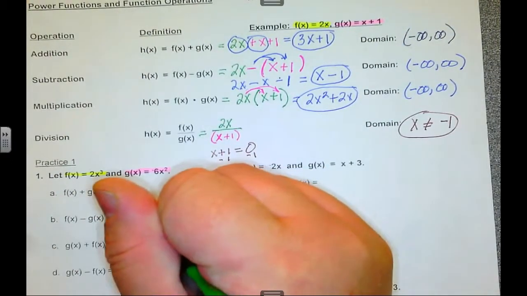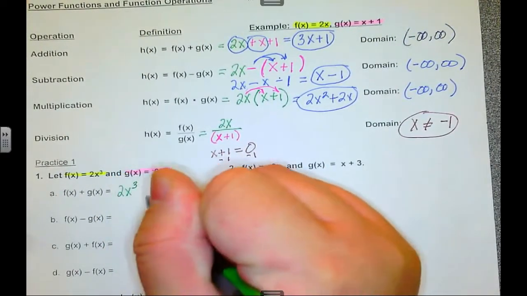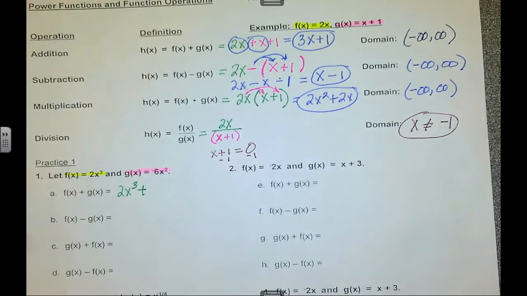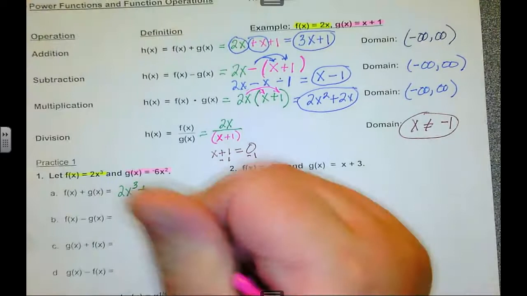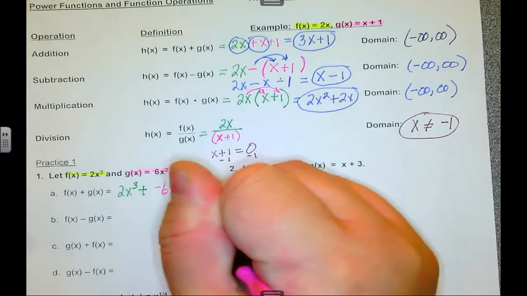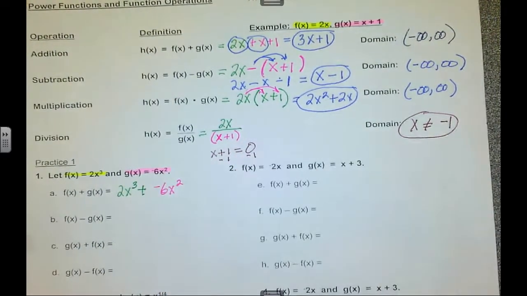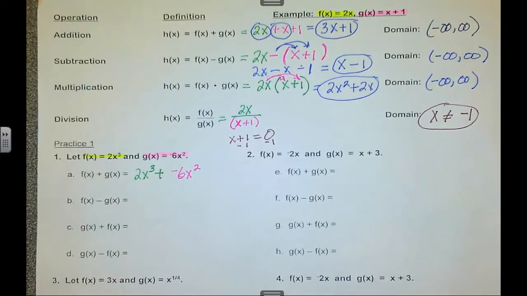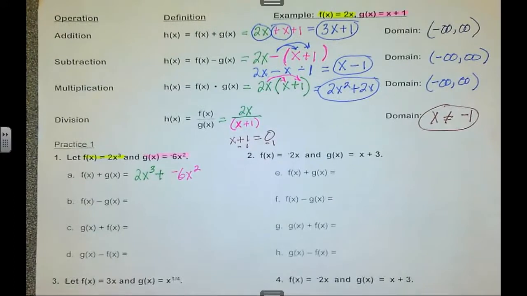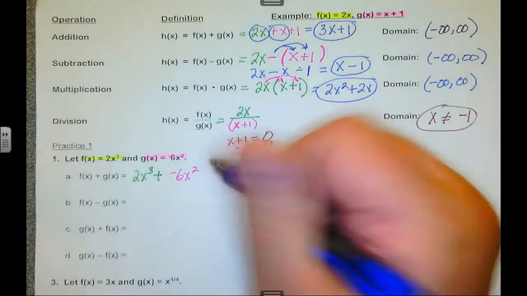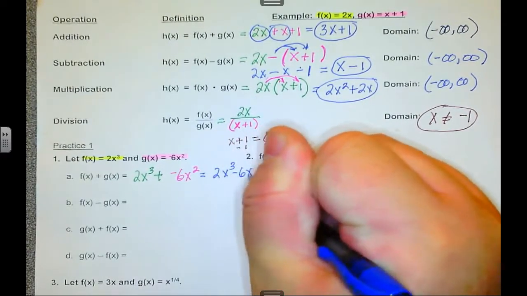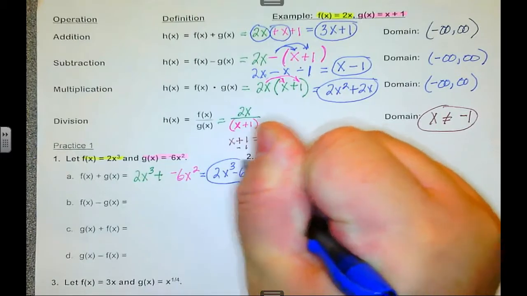So the f of x is 2x cubed plus the g of x is negative 6x squared. We should simplify these. I get 2x cubed minus 6x squared. Easy, right?